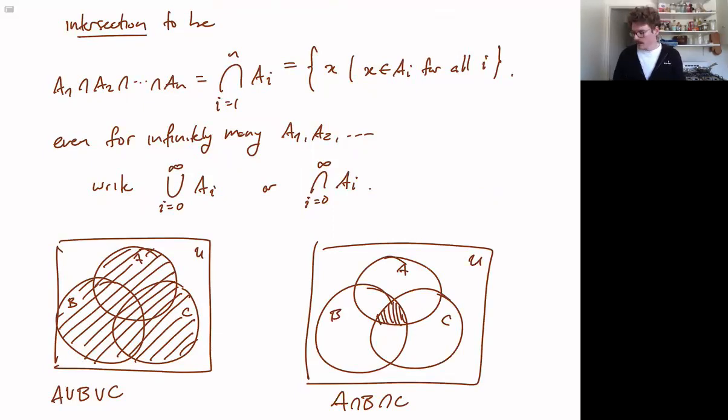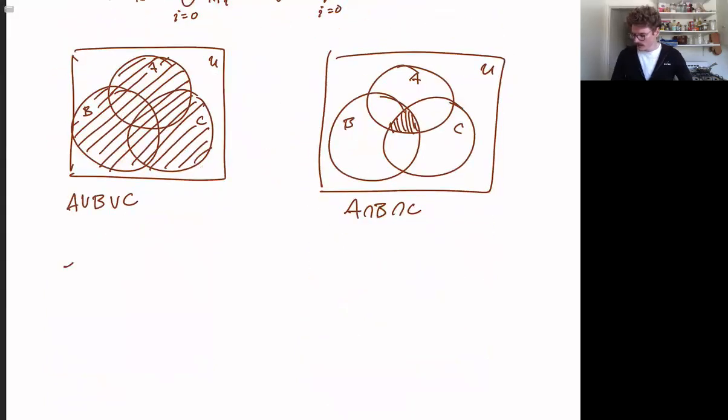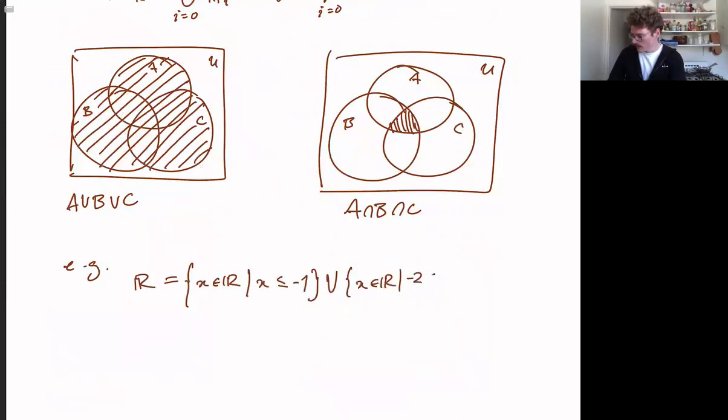So again, some concrete examples. Let's consider the real numbers again. And we can write this as an intersection of real numbers that are at most -1 and real numbers that are between -2 and 2.